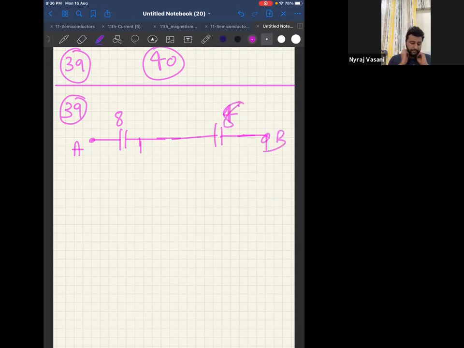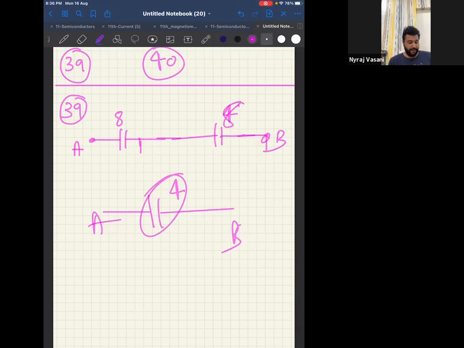Now, 8 and 8 are in series, and the answer is 4 between A and B. Can I say that is the question? What is the question? Yes, the equivalent circuit itself. Therefore, the answer is 4. Getting it, all of you?